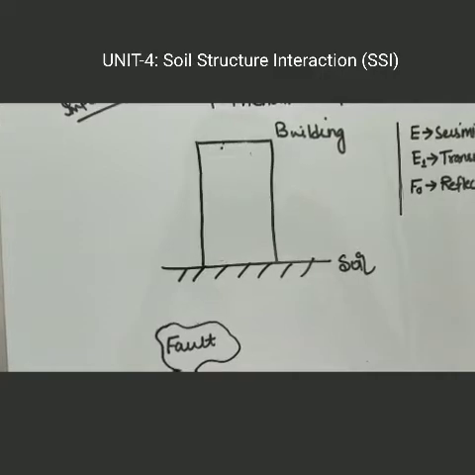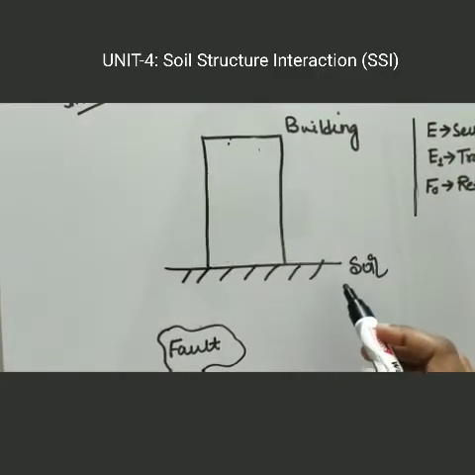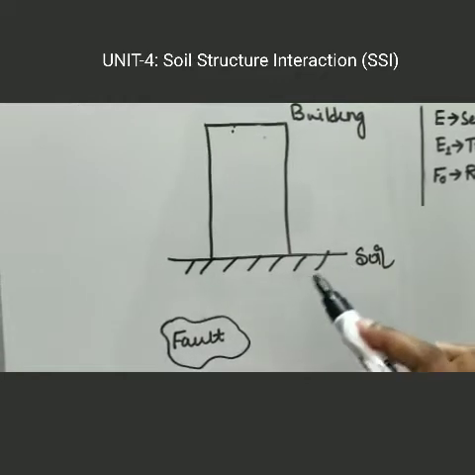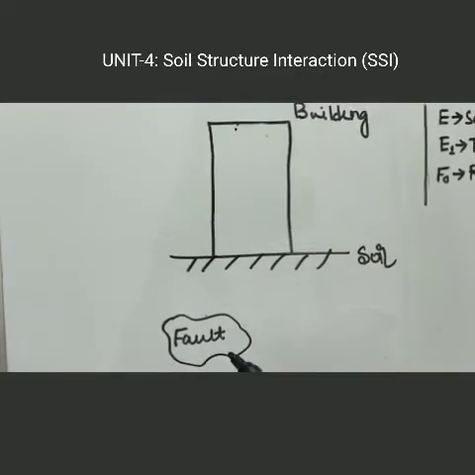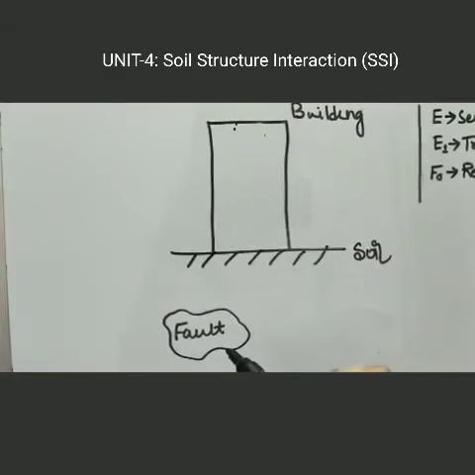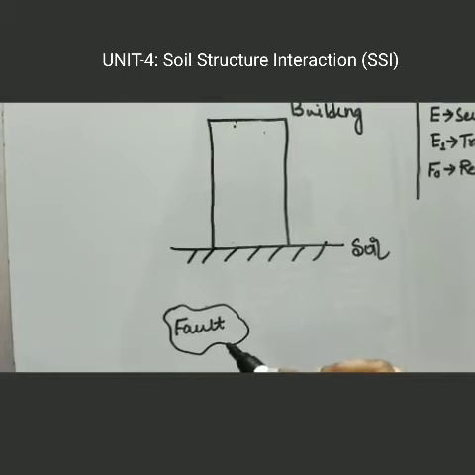To understand it, we will assume a building above soil. Now let that soil have a fault down there. A fault is nothing but the original point where the earthquake originates.